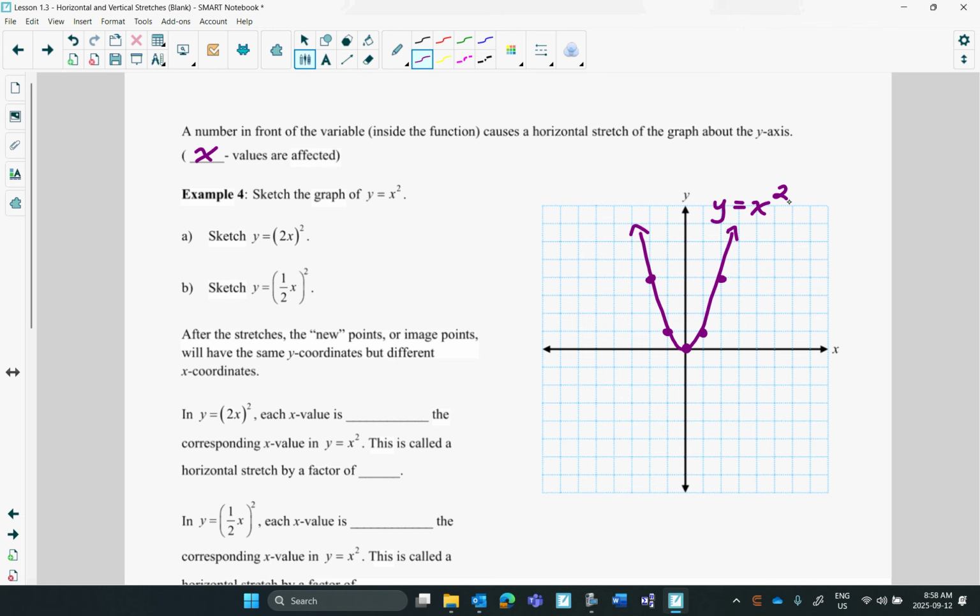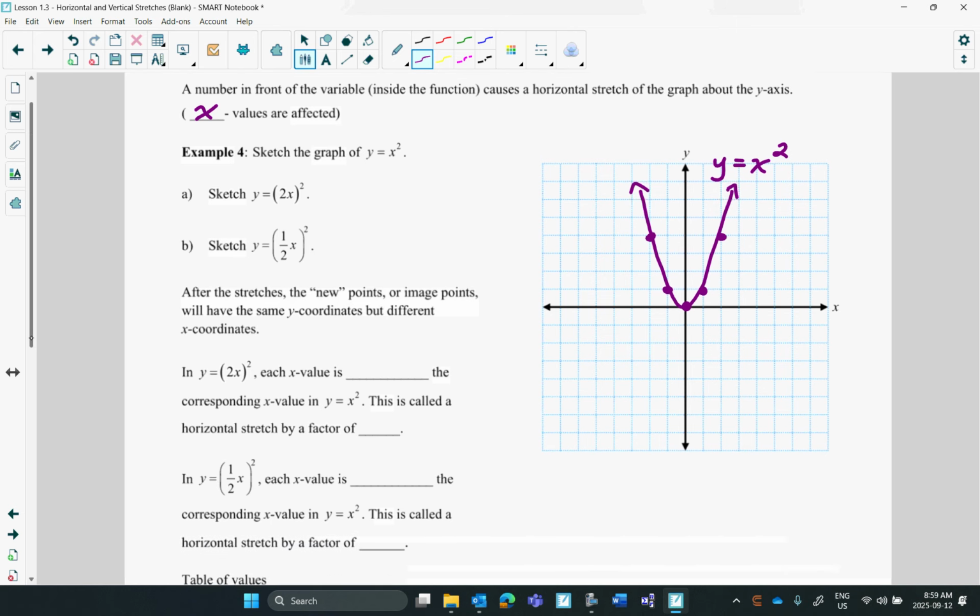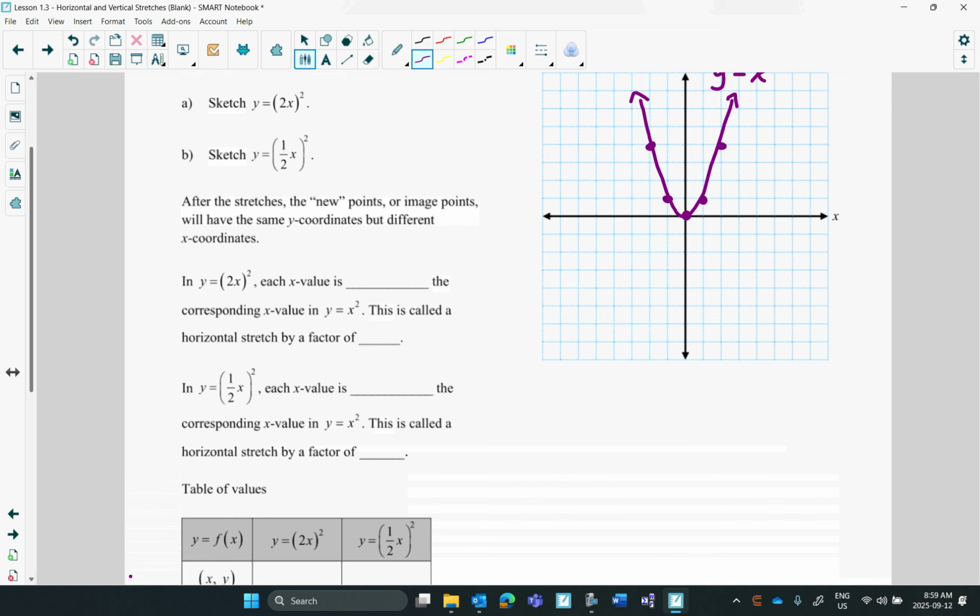Okay, so let's start with this one again. Now this, you're gonna have to follow closely because it's not as common sensey as you think it would be, but it's mathematically correct. So we are going to graph y equals in parentheses.